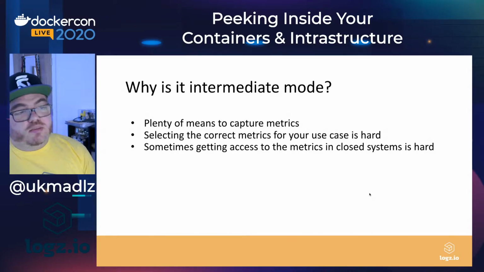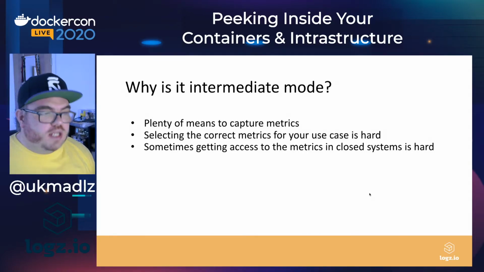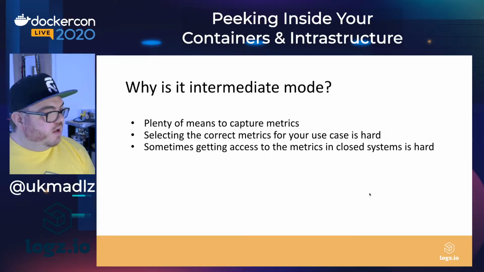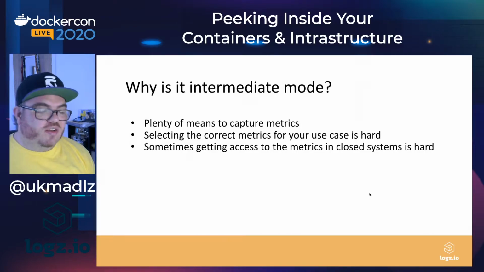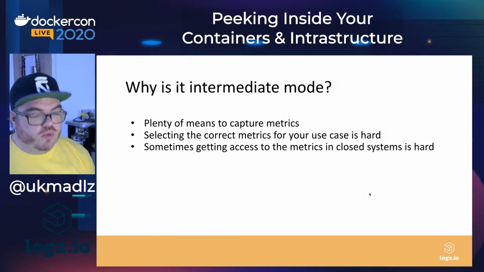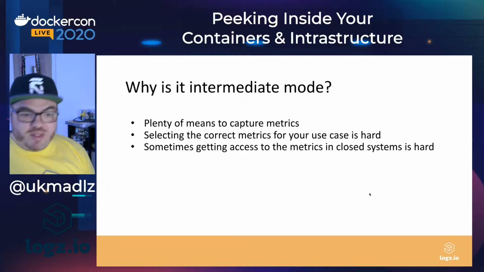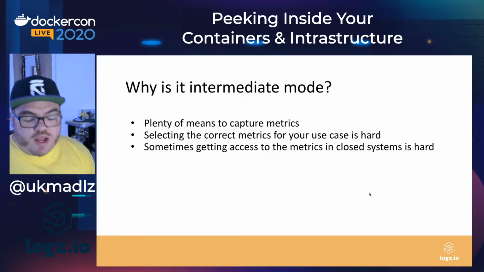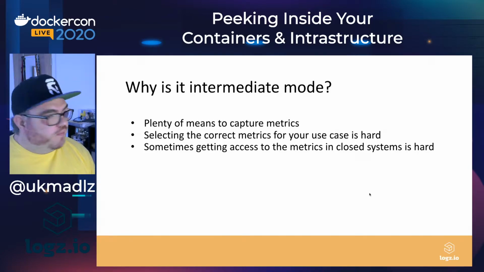Why is this intermediate mode? Well, there are plenty of means of capturing metrics. With custom metrics being able to be sent over, Metricbeat collecting them off your device. But this also makes it hard because depending on your application and what your workloads are, etc., some of these metrics can be information overload or completely pointless, or you just don't have access to them in the ecosystem you're running.